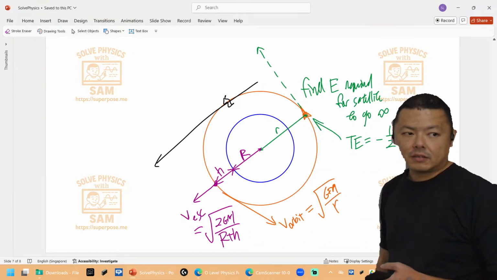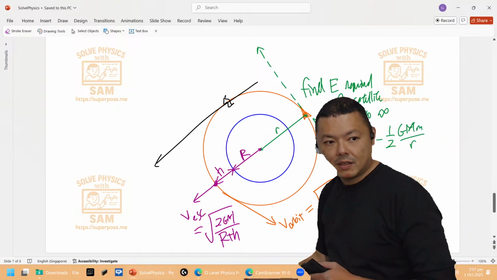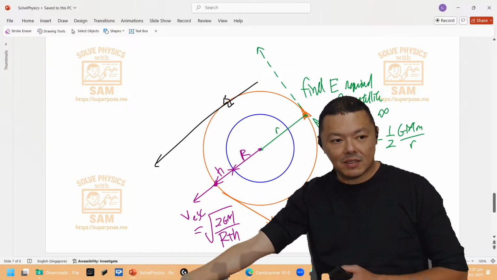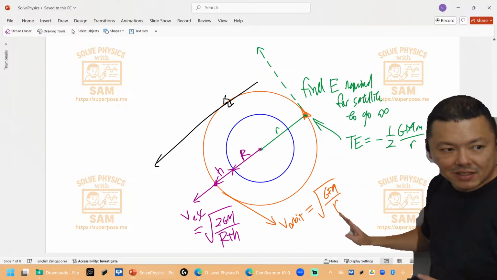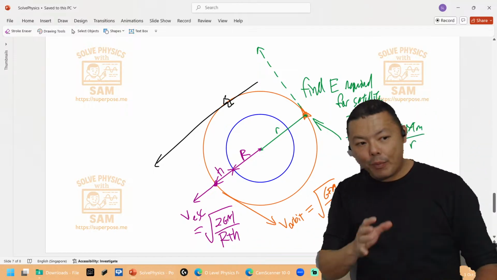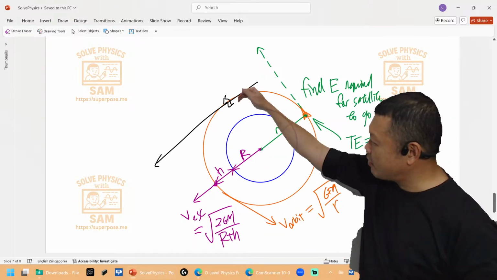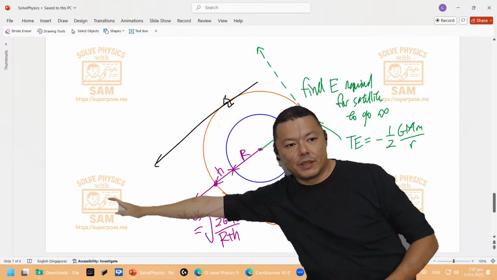Then you can check if this speed is more than this, then it will escape to infinity. If it's less than this but more than this, then it may orbit around Earth, but at a very, very far orbital distance.